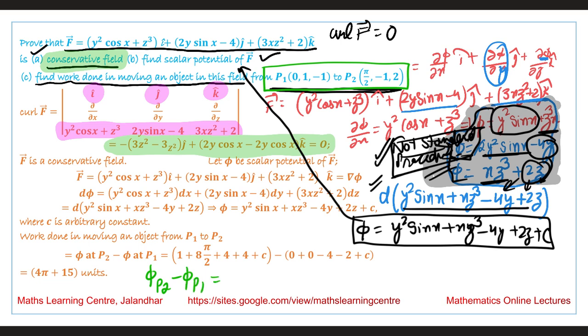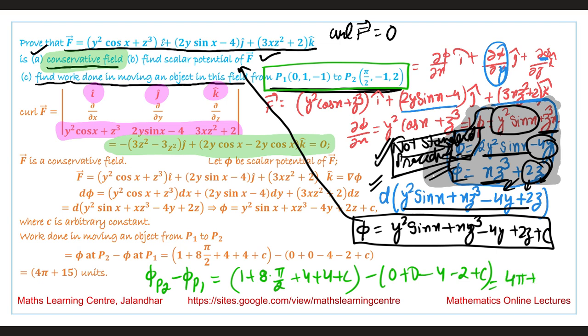If you substitute these values, you will get 1 plus 8 into pi by 2, plus 4 plus c, minus 0 plus 0 minus 4 minus 2 plus c. So the answer we obtain is 4 pi plus 15 units.